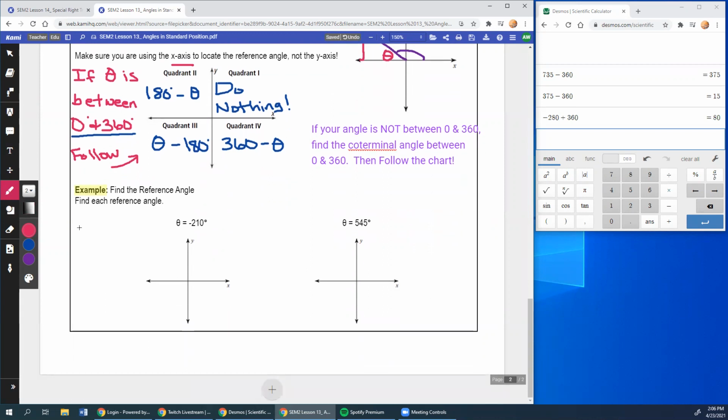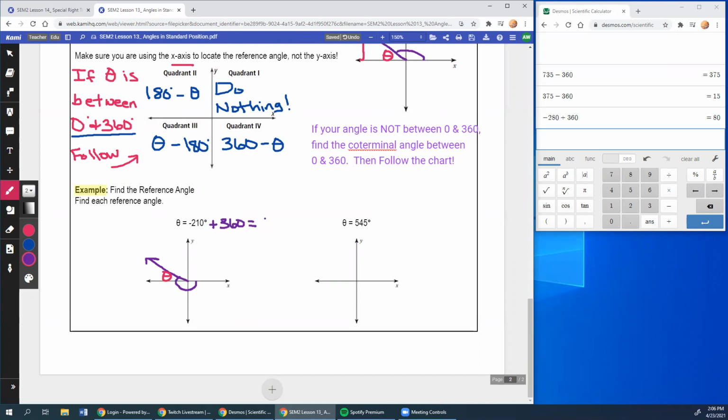All right, so here, negative 210. The first thing I need to do is see what quadrant it lands in. So negative 210 is going to be somewhere here in quadrant 3. And this is the angle we're trying to find. But because this is not between 0 and 360, we need to first start by finding its coterminal by adding 360 to it.